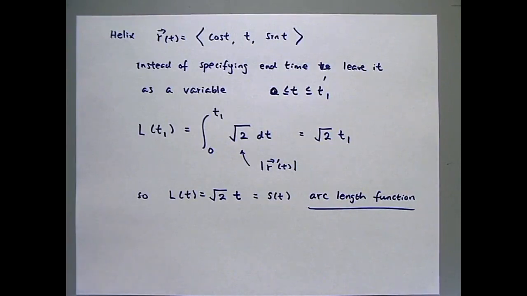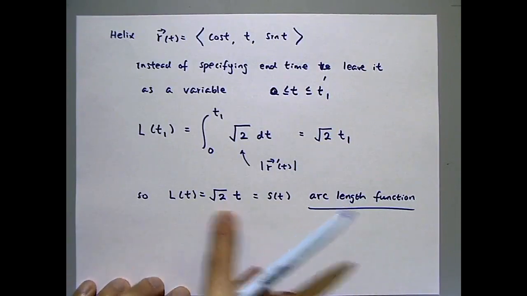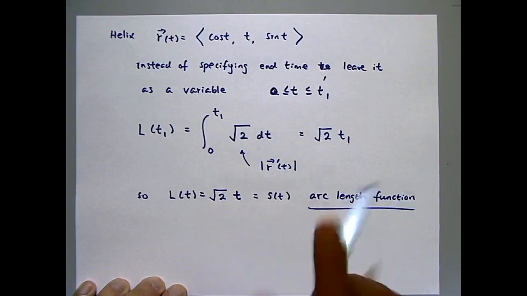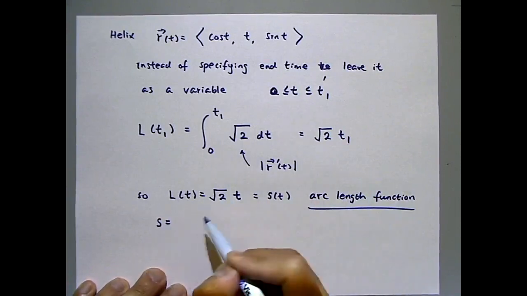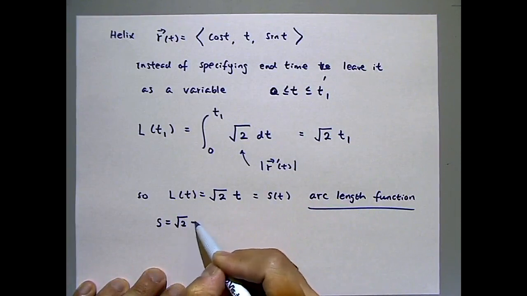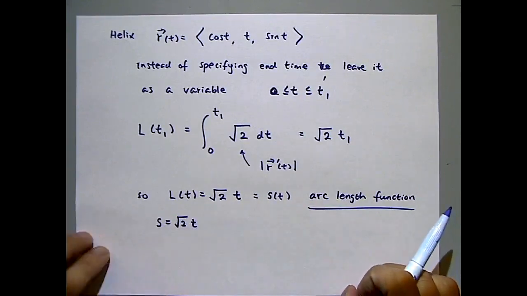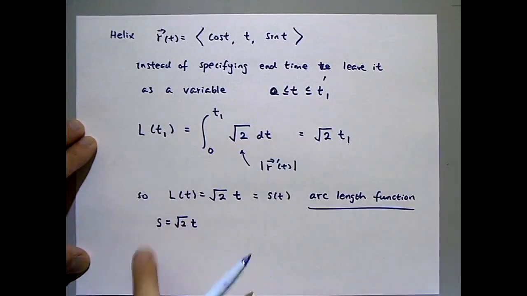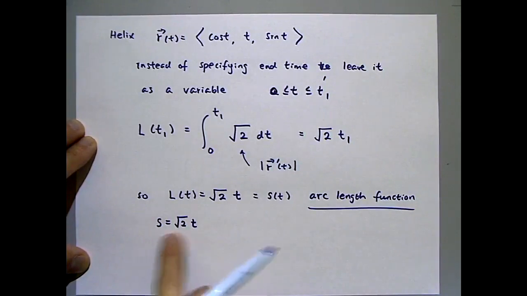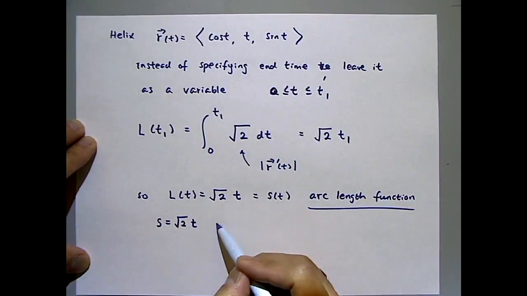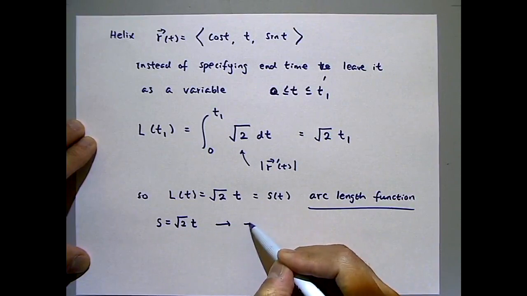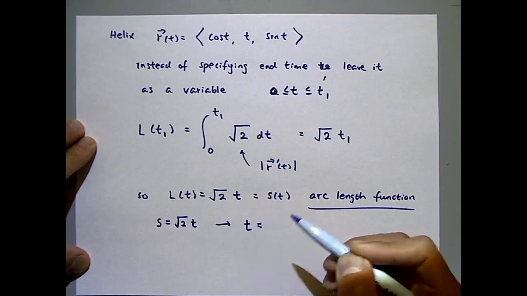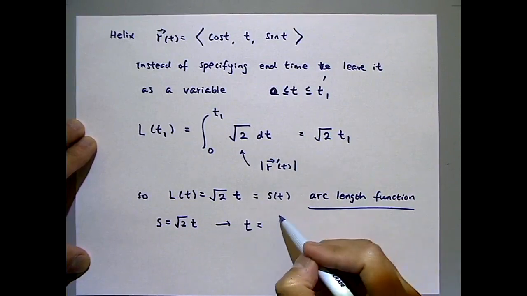So notice here that if you look at this part of the equation, s is equal to radical 2 t. I found a relationship between the arc length function as time goes on and the time. This means that I could also rewrite time as a function of the arc length.